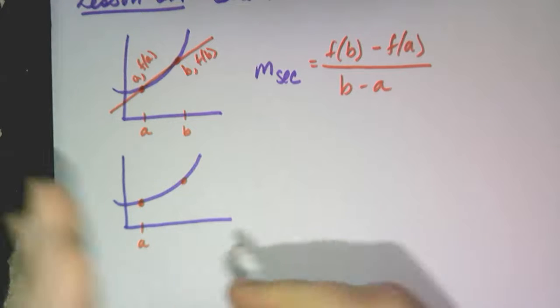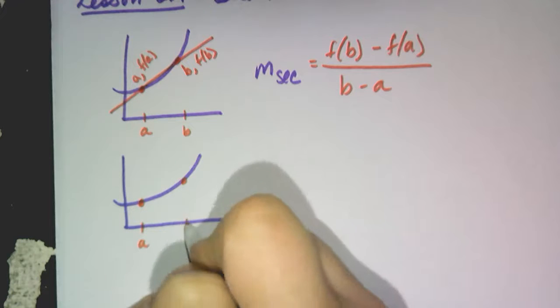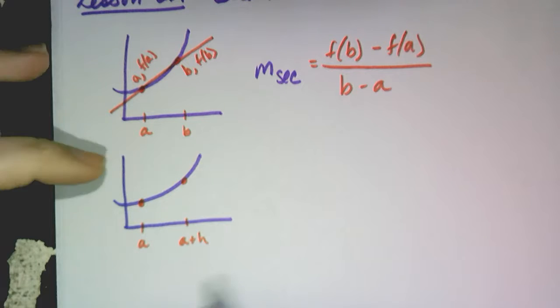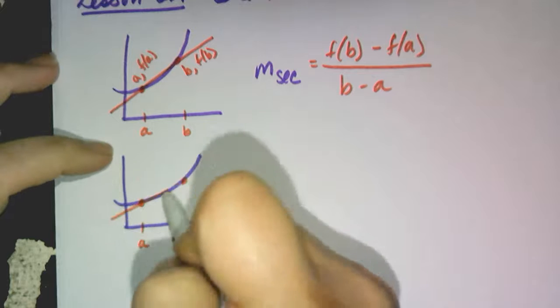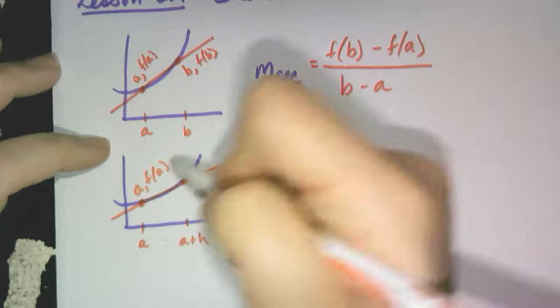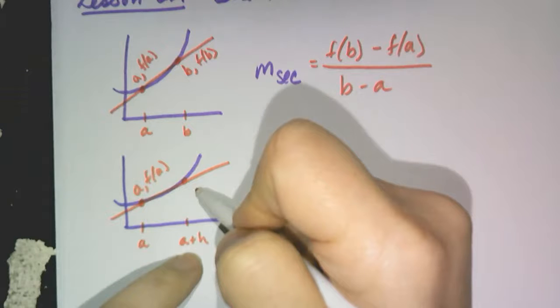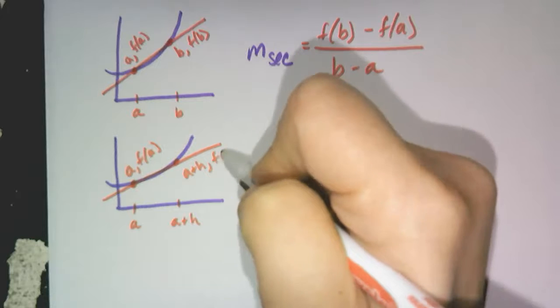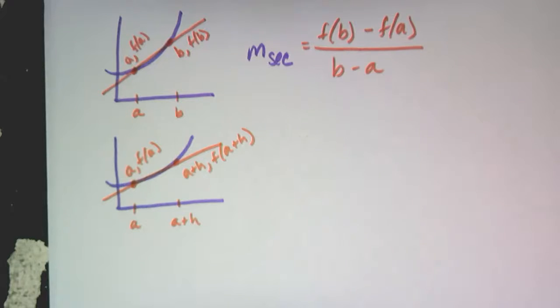I'm going to add H to it, so let me call this A plus H. So if I asked you to find the slope of the secant line, again, this would be A, comma, F of A. This one, however, would be A plus H, comma, F of A plus H. Are you in agreement with me so far? All I've done is just added H to the A factor.